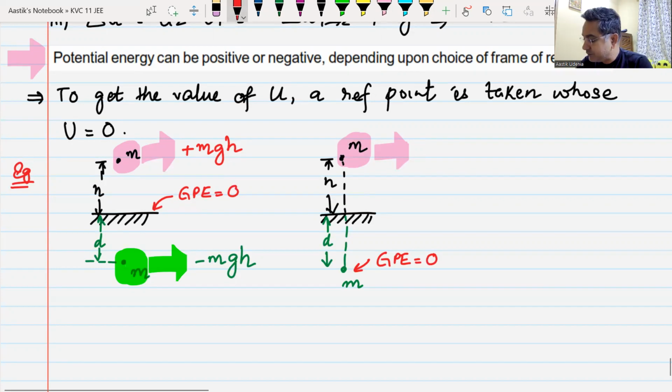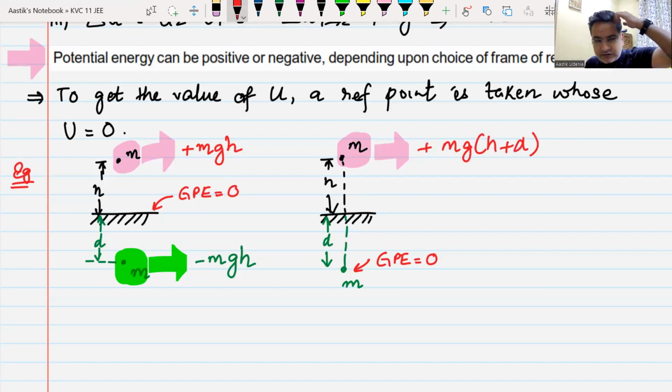It will become plus mg into (h plus d), because now the height from the 0 point is h plus d. So you can see gravitational potential energy can be positive or negative depending on the choice of reference frame.